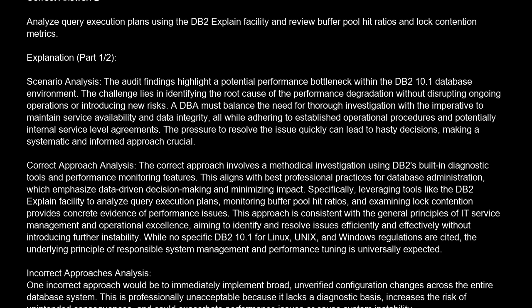This approach is consistent with the general principles of IT service management and operational excellence, aiming to identify and resolve issues efficiently and effectively without introducing further instability. While no specific DB2 for Linux, UNIX, and Windows regulations are cited, the underlying principle of responsible system management and performance tuning is universally expected.